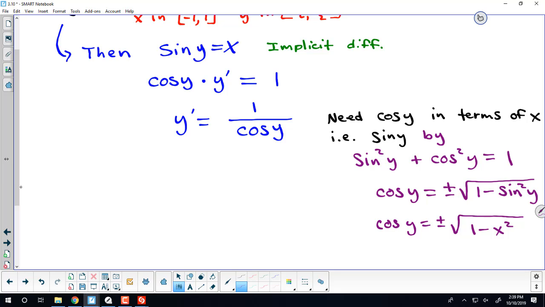Okay, so that's all well and good, which would tell us our derivative is 1 over the positive and the negative square root of 1 minus x squared. But we don't want two different derivatives if we can avoid that, right? So can we avoid the plus and minus root here?